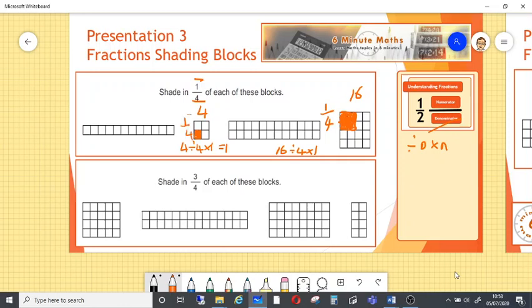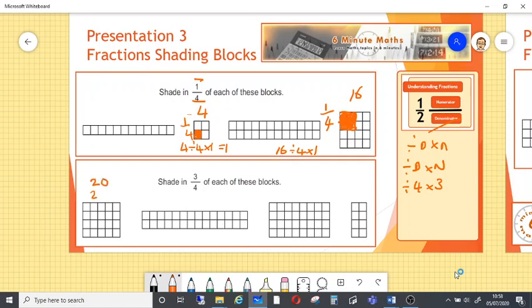The next example, however, is looking at 3/4. So what we're going to do is divide it by the denominator, still times it by the numerator, but this time we're going to divide however many blocks it is by 4, and then multiply it by 3, which is the numerator. So we'll look at this first box here. We've got 1, 2, 3, 4, 5 in a row, and we've got 4, so I've got 20 blocks.